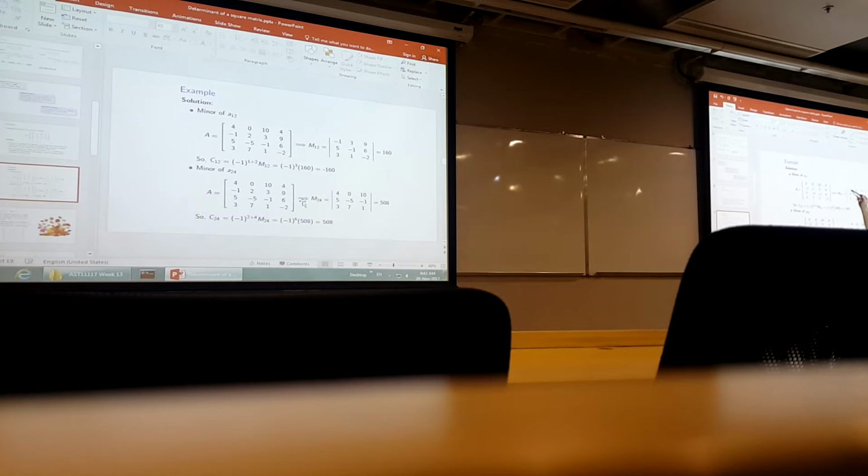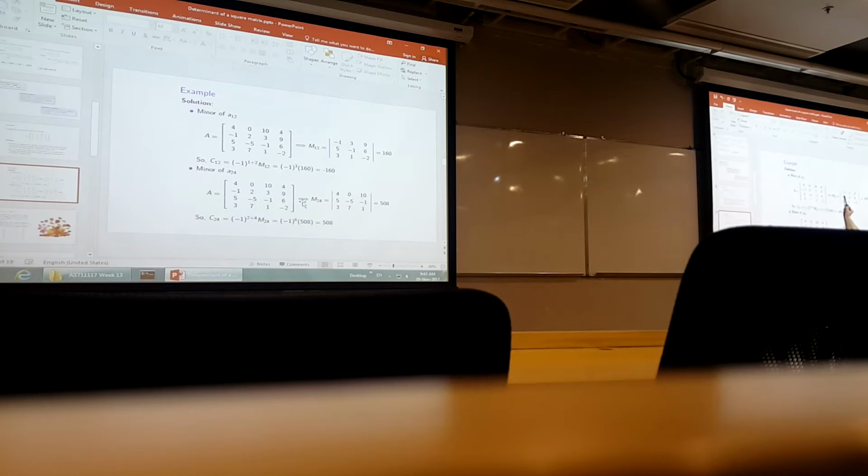Copy them with their relative positions unchanged. -1, 5, and 3. 3, -1, and 1. 9, 6, -2. Copy them, making them into another square array of numbers. Now it is a 3 by 3 array of numbers.